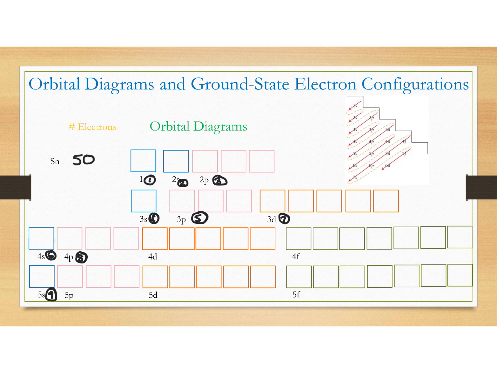Once I get the 5s filled, then I go to the 4d. Once I get the 4d, I go to the 5p. Once I do the 5p, then I go to the 6s. We're not in the 6th energy level. Okay, so at this point, we have enough orbitals to fill.